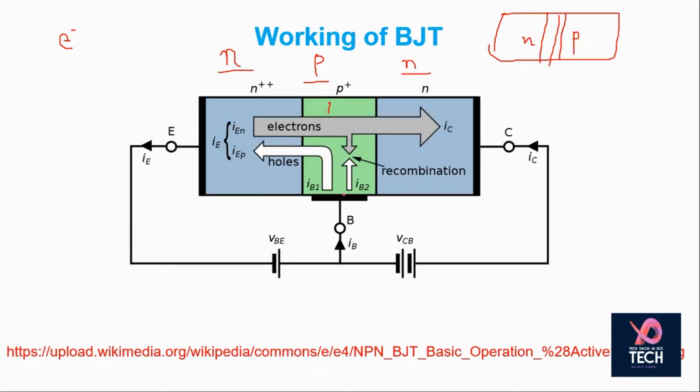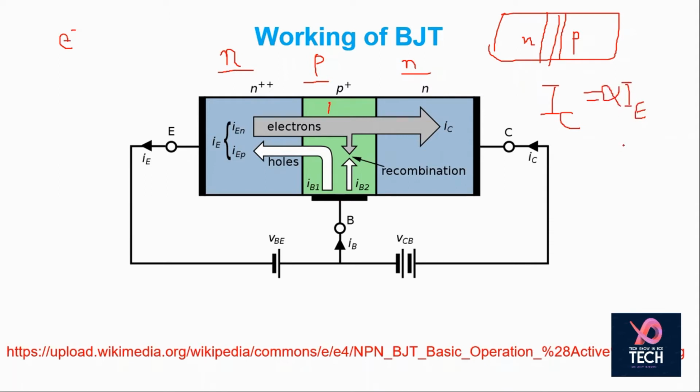Now coming to the other aspects. As already described by some of the students in the doubt sessions, some electrons are there. Yes, electrons are there, and some holes are also there. We also know that under the effect of reverse bias, there is some current. So here you can find that your collector current is equal to your emitter current multiplied by alpha.